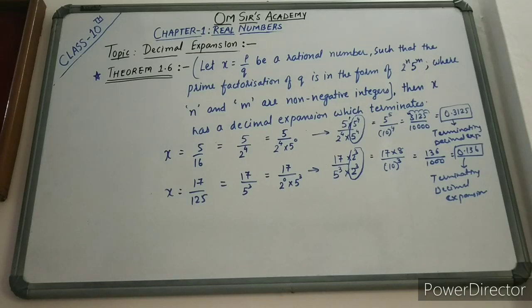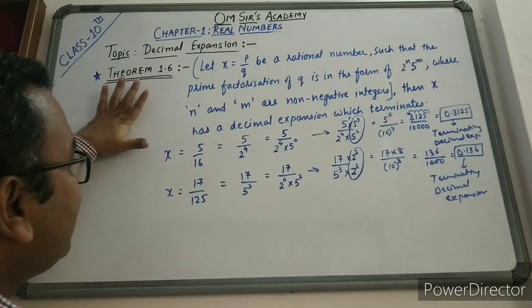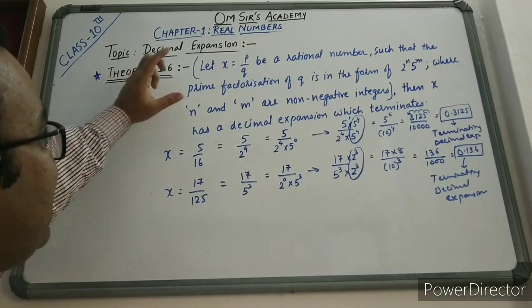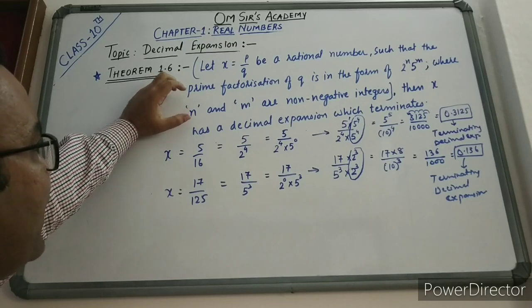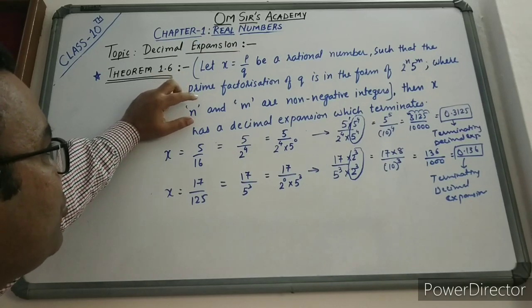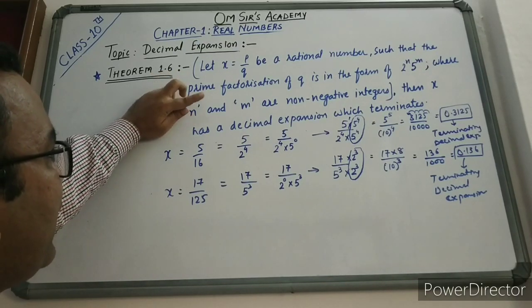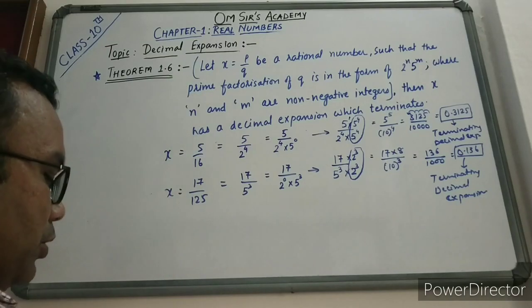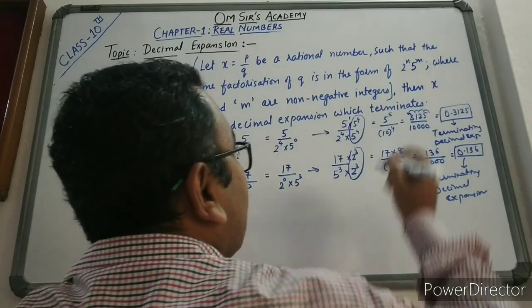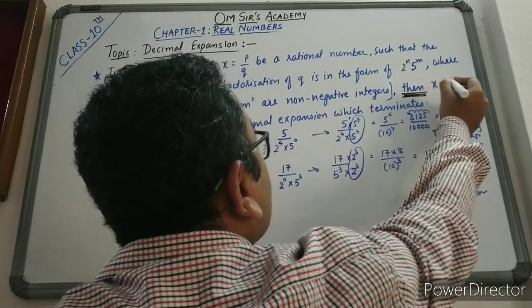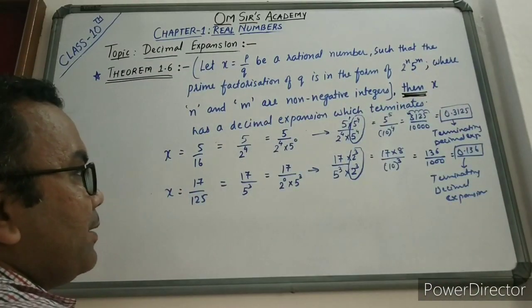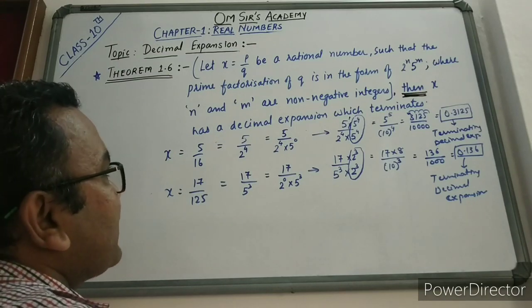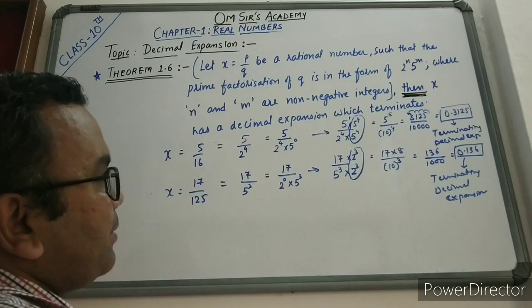So here from Theorem 1.6 what did we learn? If x is of the form p by q and is a rational number, where q can be expressed as 2 raised to n and 5 raised to m, where n and m are non-negative, then the decimal expansion of x will be a terminating decimal expansion.